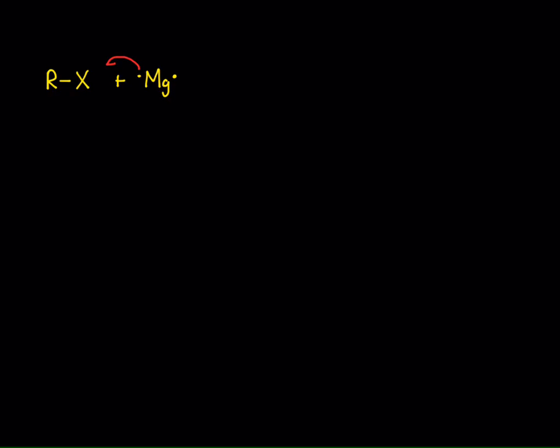Remember, carbon-halogen bonds we can break relatively easily, and so we're going to combine the one electron from magnesium with one electron from that carbon-halogen bond, which means that there's going to be one electron left over, and that one electron is going to go to the carbon. So the result is a radical.